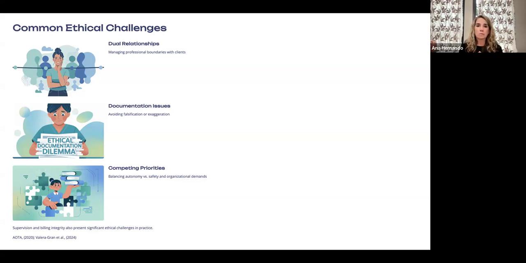Another common ethical challenge that a lot of occupational therapists run into is documentation issues. We need to avoid falsification or exaggeration. This one came up quite a bit in my dissertation study that I completed on moral distress as described by occupational therapists.